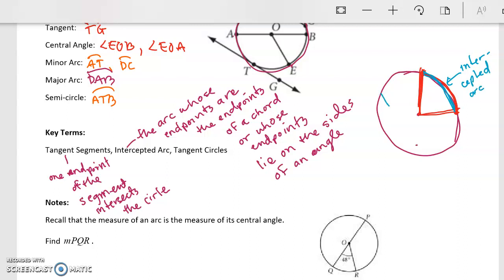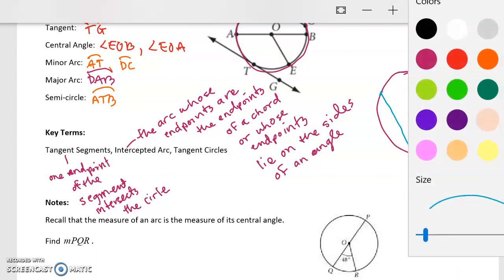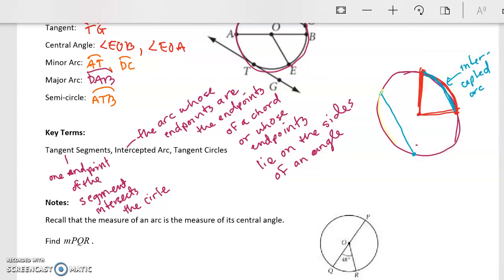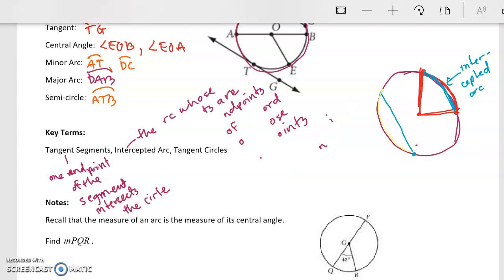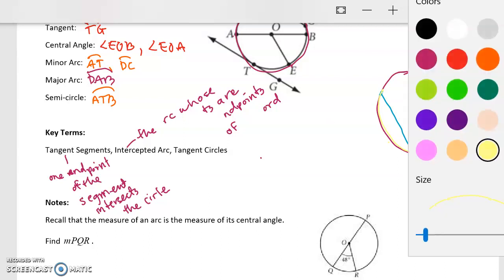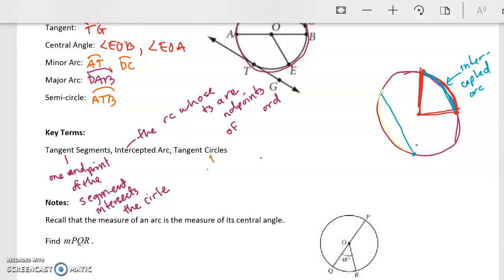Similarly, let's say we have a chord here. So these points are the endpoints of the chord and the endpoints of this arc. So this is an intercepted arc. That's going to be really important in part of our investigations. And then tangent circles are just two circles that touch once, intersect at one point.